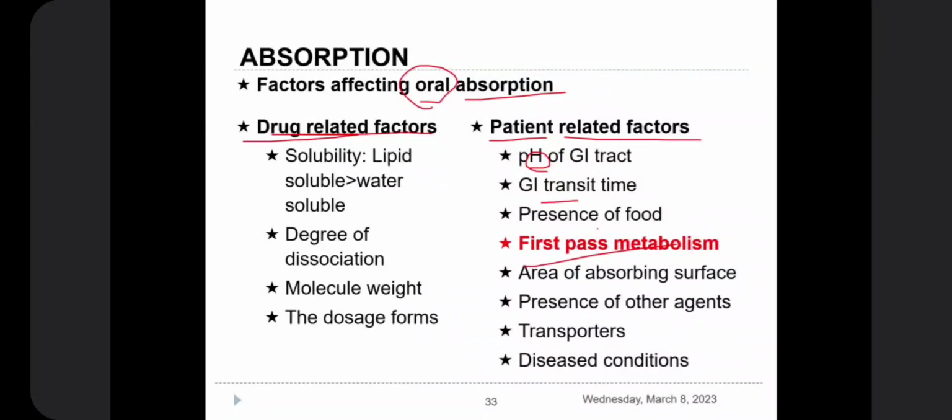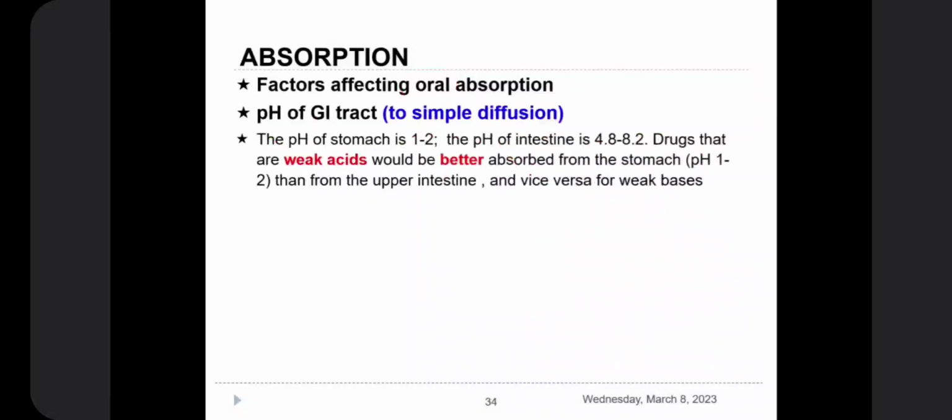I will explain them one by one. First, the pH of the GI tract. Here you should understand that pH influence refers only to simple diffusion, especially lipid diffusion.